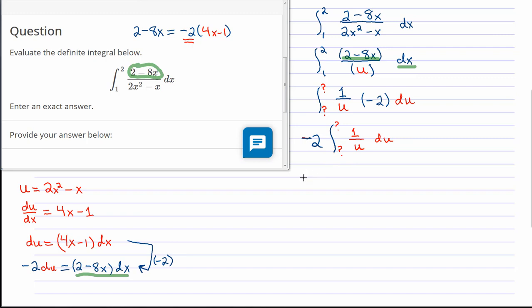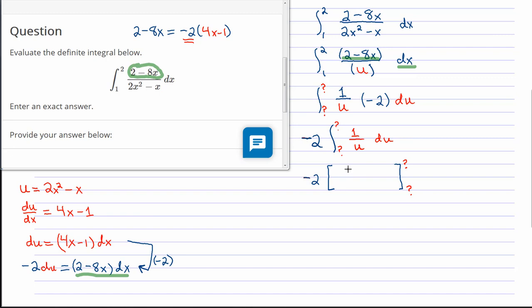So what I'm going to use here now is the fundamental theorem of calculus. The fundamental theorem of calculus says that to evaluate a definite integral, you have to find an antiderivative. So what I have to do is find the antiderivative of 1 over u and then evaluate it at the upper and lower limits. And so let's see, can you think of an antiderivative of 1 over u?